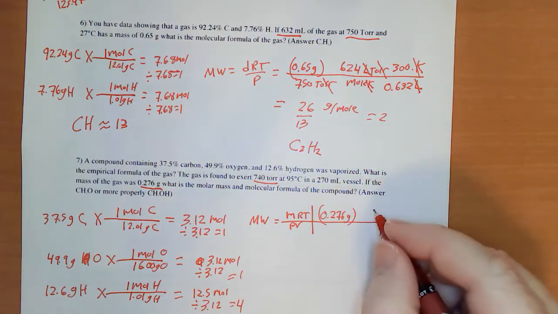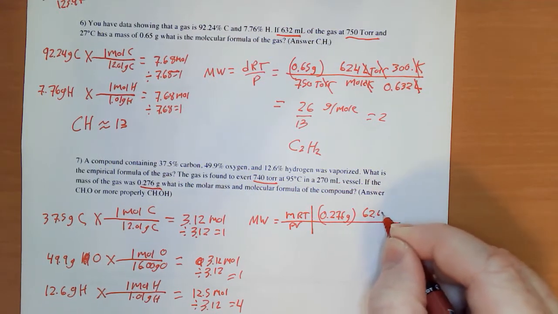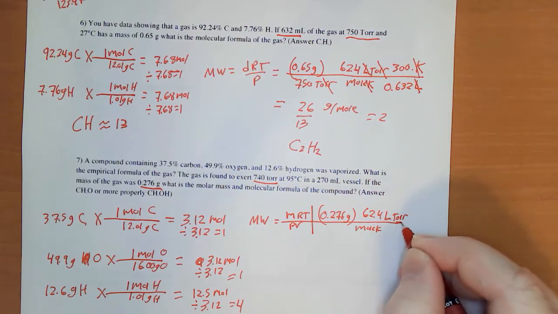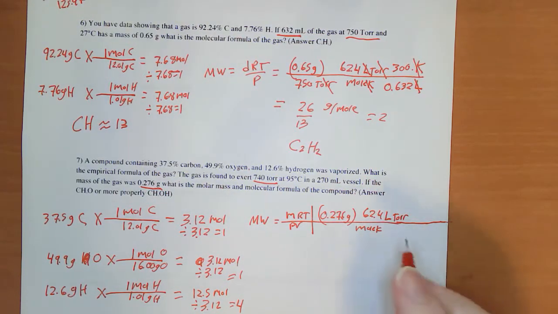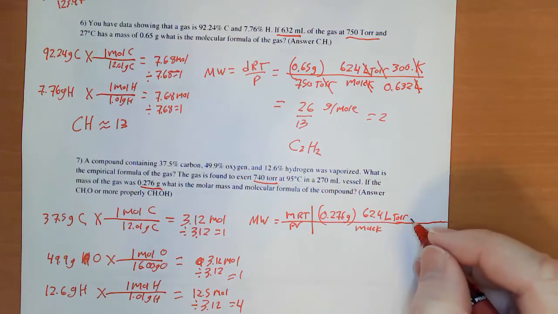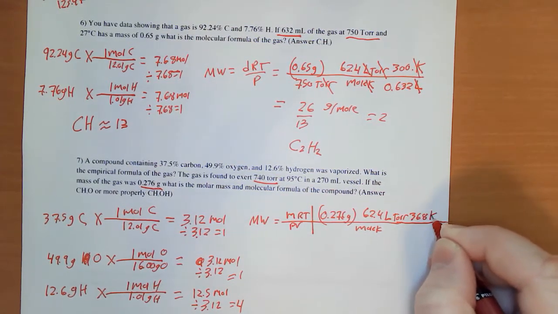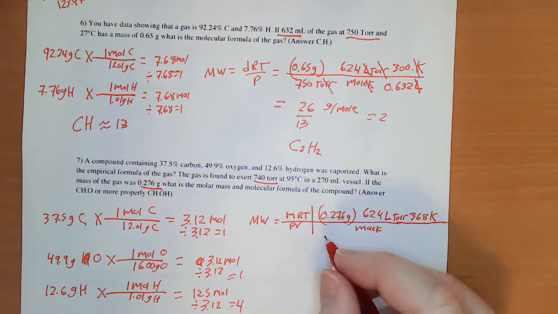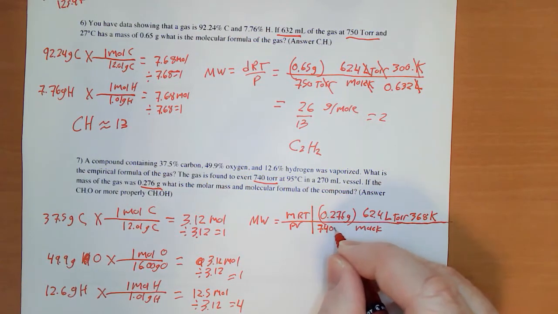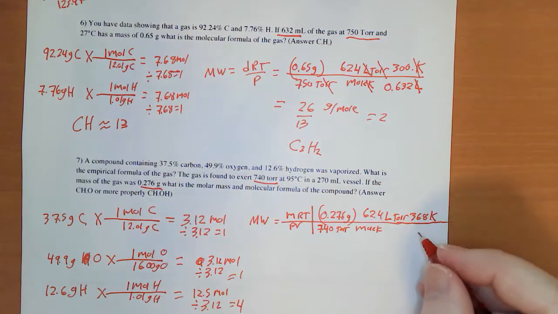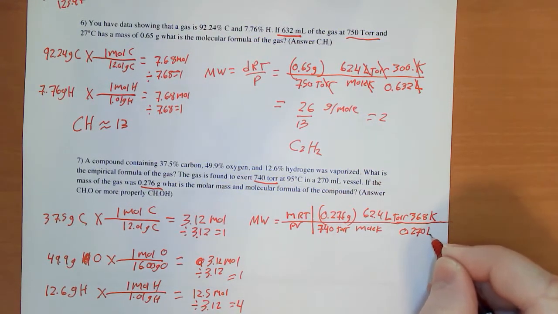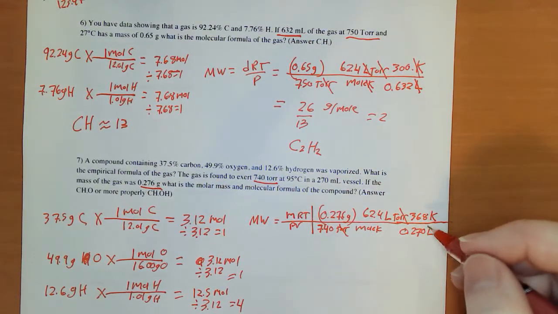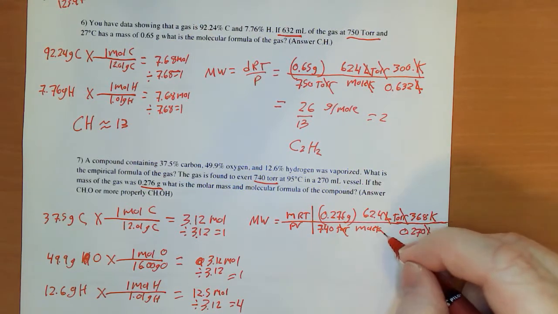Pressure is in torr again, so 62.4 liter torr per mole K. My temperature, okay, 95, so that's going to be 368 Kelvin. Pressure, okay, 740 torr. And the volume is 0.270 liters. Okay, so torr is gone, and the liters is gone, and Kelvin is gone.